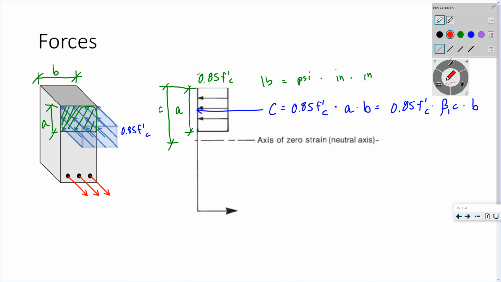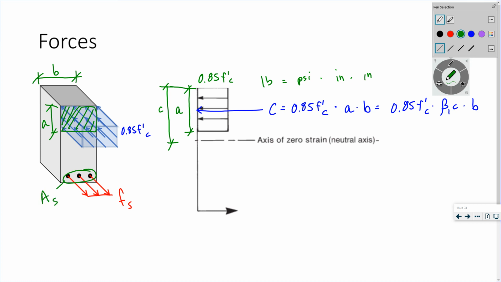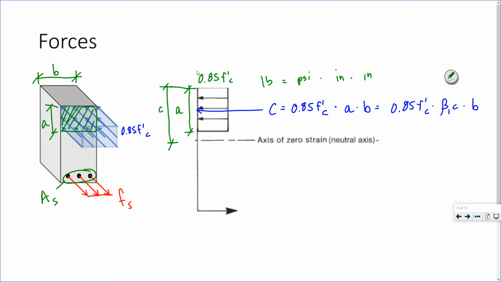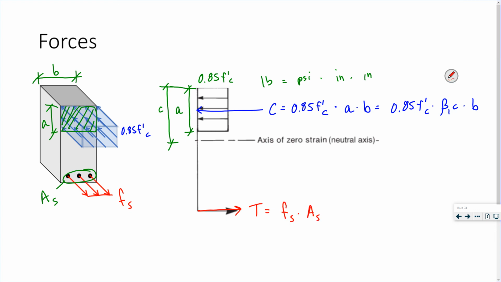On the bottom, I have some stress in my steel, fs, and I know that I have some area of steel, As, so my tensile force is my stress in my steel, fs times As. fs is the stress in the steel, As is the area of the steel reinforcement in the cross section.